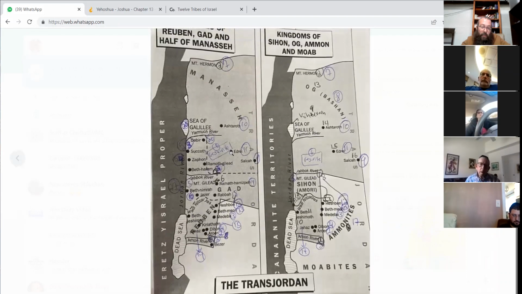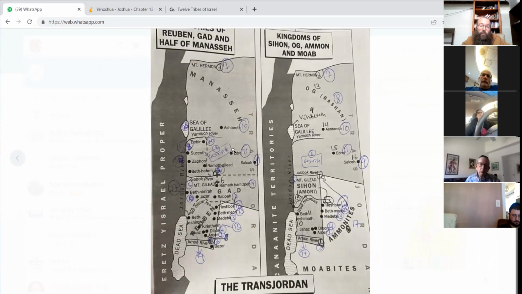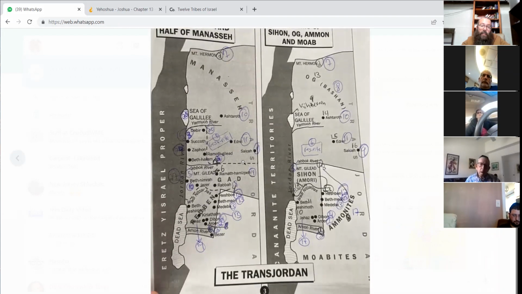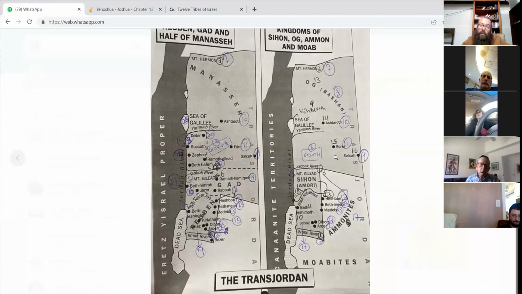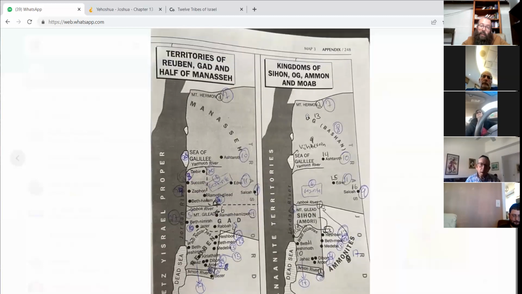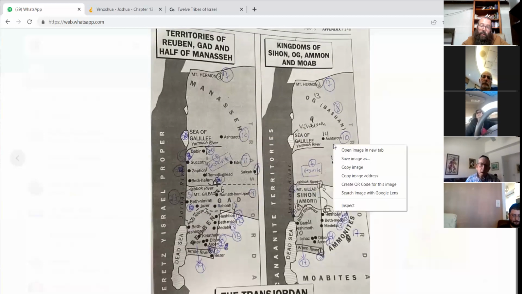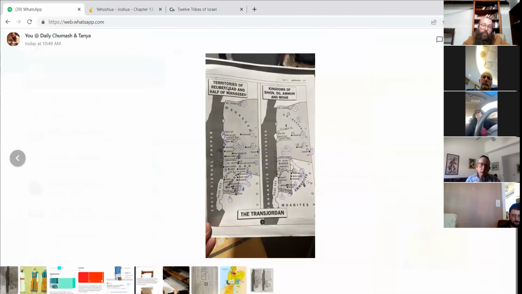See right here, we mentioned Edrei. And we also mentioned these different cities here, Ashtaros and Salcha. We keep on mentioning Bashan because King Og ruled this whole section called Bashan. And that is the area where you see in the map where half of the tribe of Menashe got.